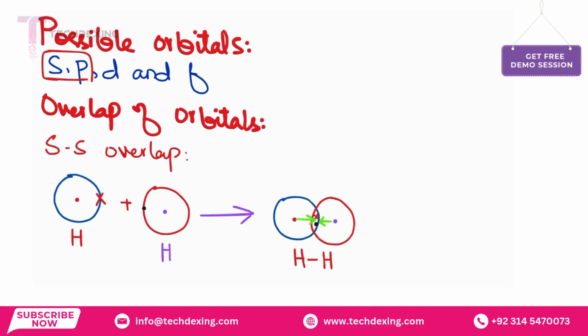That's why we can say that this shared pair of electrons is responsible for keeping the two nuclei attached with each other. So this is actually the covalent bond. You can see on the slide that there is a sharing of electrons between the two atoms. So that's why we can say that a covalent bond is formed by the sharing of electrons. Got it?